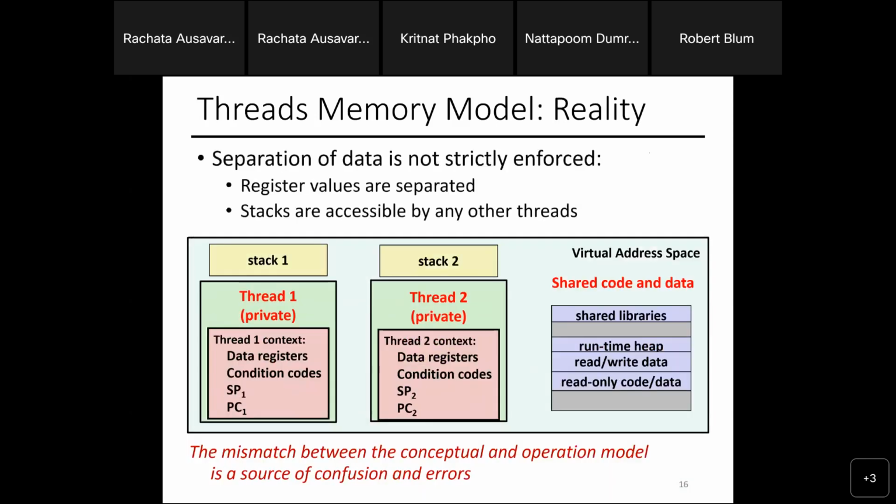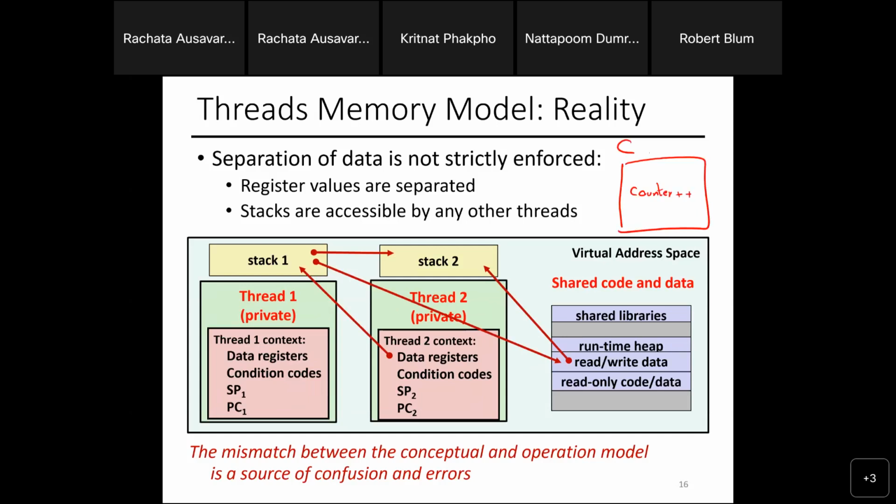In reality, this happens. You have shared code and shared data, which means my code from thread 2 can access some variable in thread 1's stack. Imagine this is code in C. You have a counter and you do counter++.